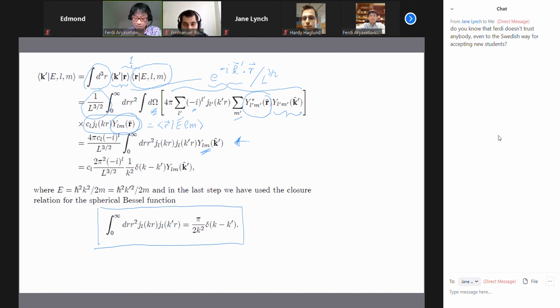I think this is derived from the differential equation for the Bessel functions. You can show this. It's a kind of orthogonality relation between the spherical Bessel functions. You can see that you have a delta of k minus k prime here. So if k is not equal to k prime, then it's 0.